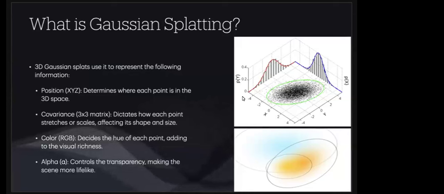You also have the covariance matrix, which dictates how each point stretches or scales, and I'll tell you why that is important as we go ahead. Then we have the color, which decides the hue of each point and adds to the visual richness, like we saw in impressionist art. And then we have alpha, which controls the transparency, making the scene more lifelike, and it also adds depth to the image that we render.